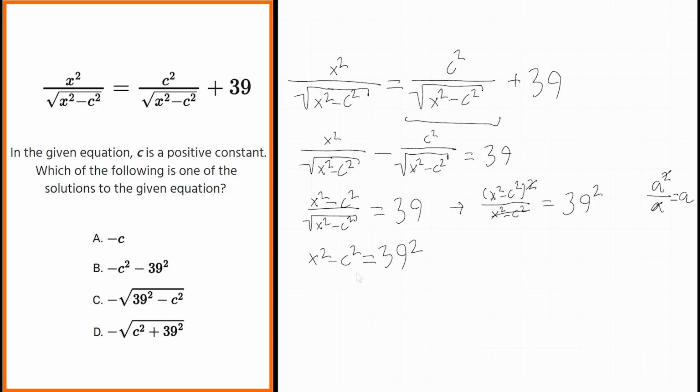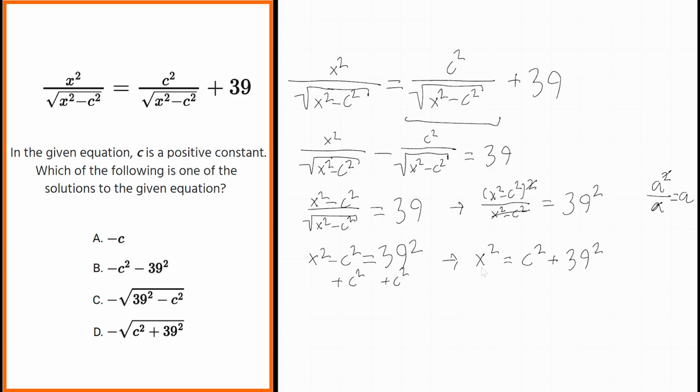So now that we have our square roots gone, we can isolate the x term by itself, and all we need to do is just add c squared to both sides of this equation, and that will give us x squared equals c squared plus 39 squared.